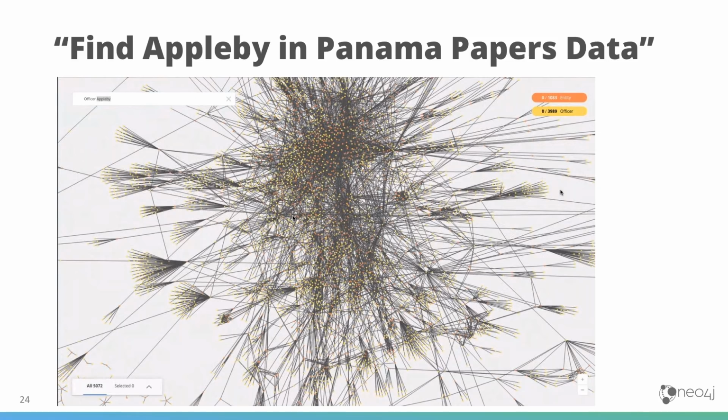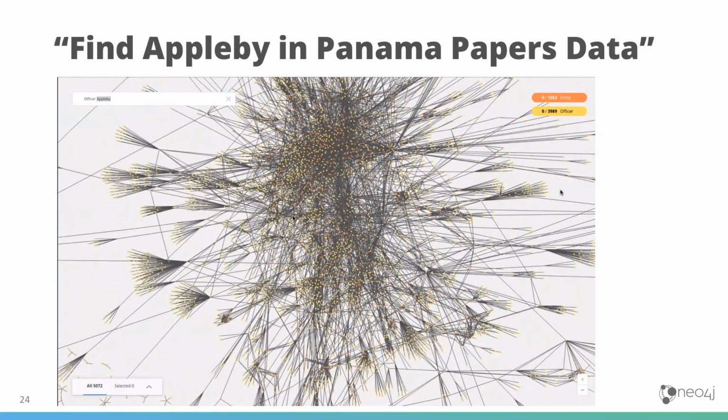So here's a very, very simple search phrase, which is Officer Appleby. This is the Panama Papers data set, where Appleby was an officer involved in many shell companies, and so here's the network of companies and all the nodes in that data that relate to this particular officer.